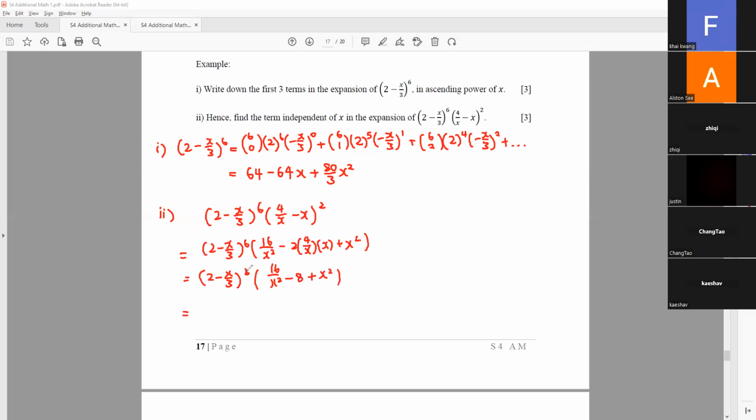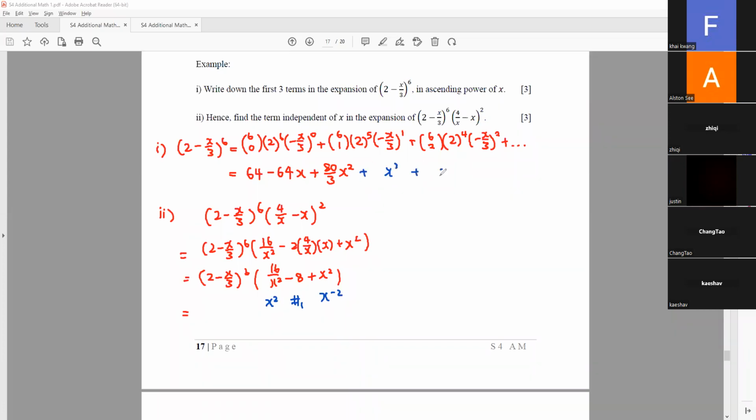Okay, so inside this thing there are 7 terms. Do you think you need to have all the 7 terms to find the independent of x? No, because we must realize, oh, what term will remove the x? I need to have x squared. What term will not give me x, a number? What term will not give me an x to the power of negative 2? Okay, but you can see in this expansion, there will be no x to the power of negative 2. It will just become x cubed, x to the power of 4. The next one will be x cubed.